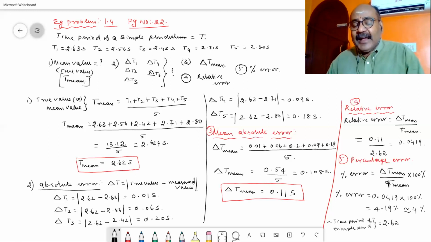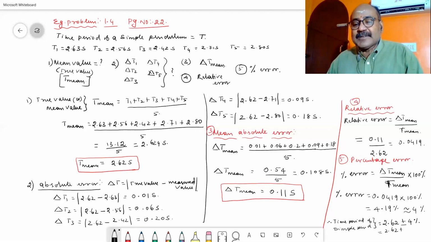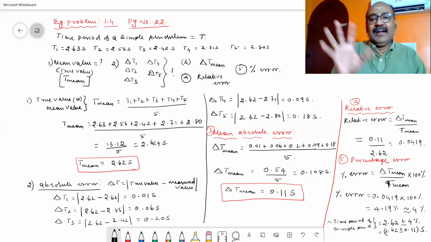So I am writing the exact value of the time period as 2.62 plus or minus 4%. Or if you want to write it in terms of absolute error, we can write 2.62 plus or minus 0.11 seconds. This is the analysis of the error in the case of the time period of a simple pendulum.